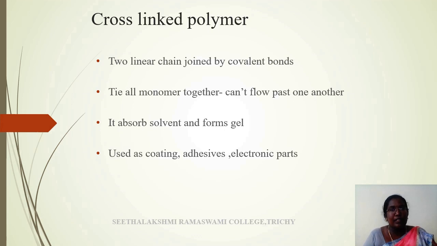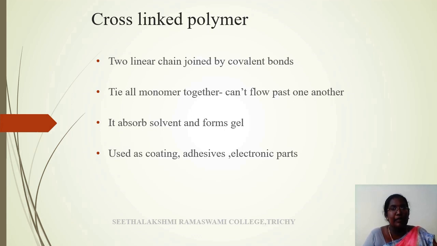And finally, the cross-linked polymer. Two linear chains joined by covalent bonds tie all the monomers together, so they can't flow past one another. Here we have two linear chains, mostly bonded by covalent bonds. If we heat that polymer, it won't melt, it gets charred.